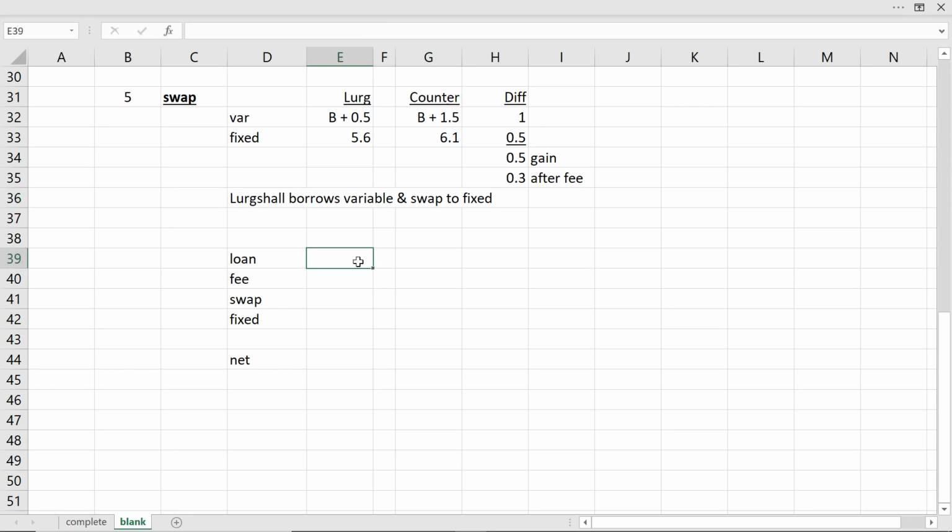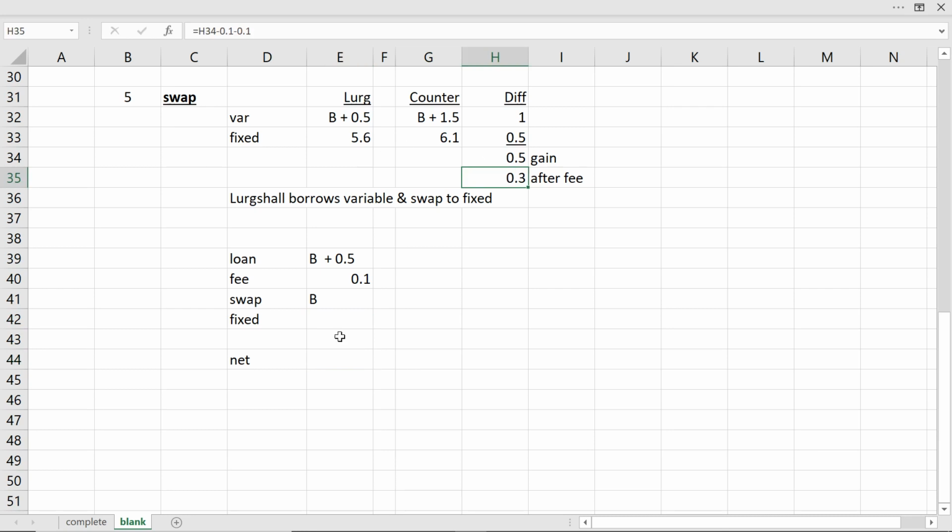It's going to borrow at a variable rate, so that's going to be base rate plus 0.5. It's going to pay a fee, that's going to be 0.1. And the swap will mean that it receives the variable rate, the base rate, back. And then the fixed rate that it pays in exchange will be set so that it makes a gain of half of that 0.3%.